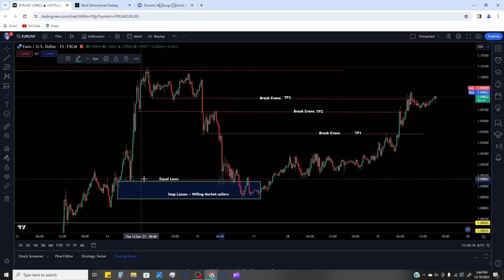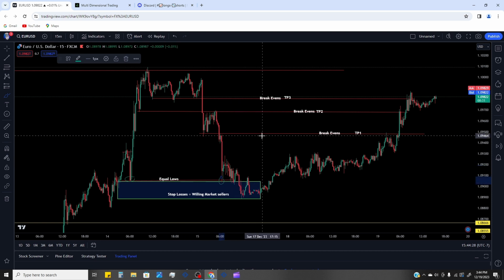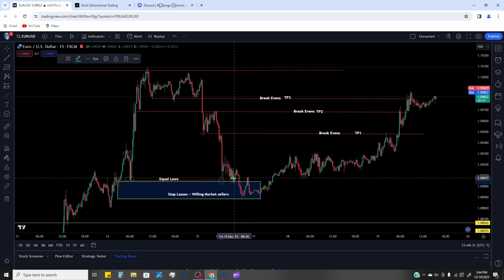So equal lows normally get broken because it comes to a point where everyone goes in heavy right here. Everyone wants to catch the pump, catch the bounce, and then they all put their stop losses right below the lows, trying to play it safe, which is a good way to do it, and it makes sense.